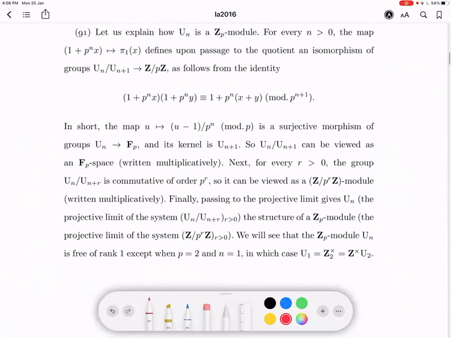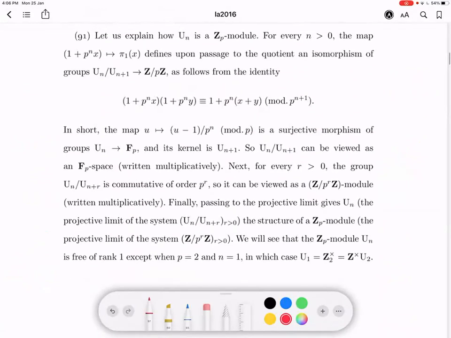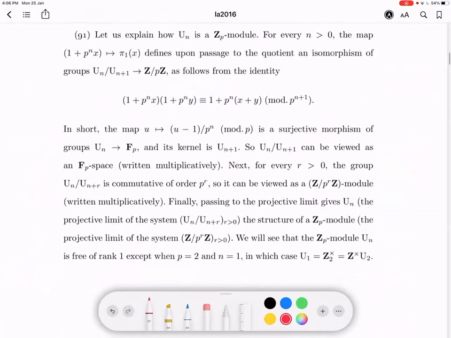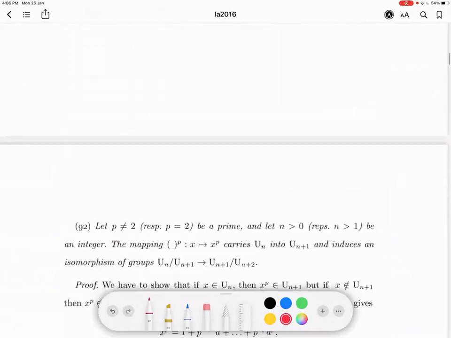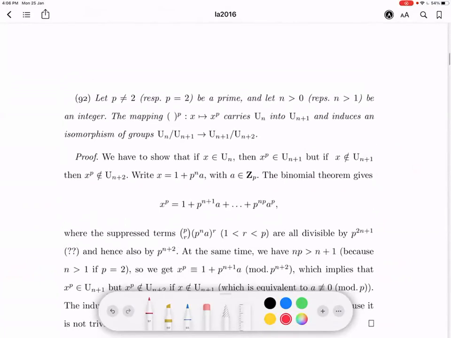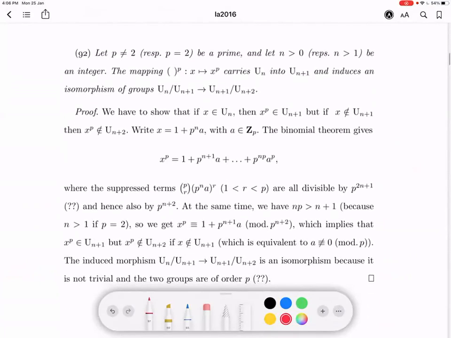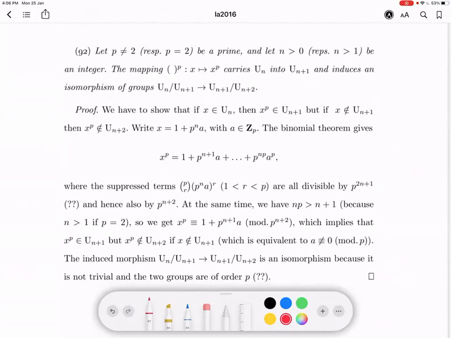Okay, so now I want to go on to show that, okay, yeah, this is the one that's interesting. So let's look at the case p different from 2. If p is different from 2, you take your n to be any strictly positive integer, and if p is equal to 2, you take n to be strictly greater than 1.